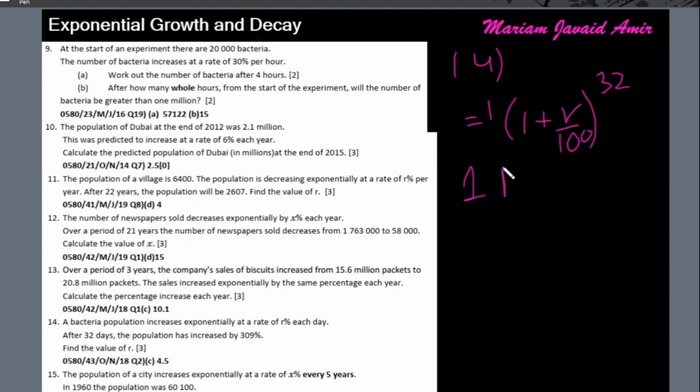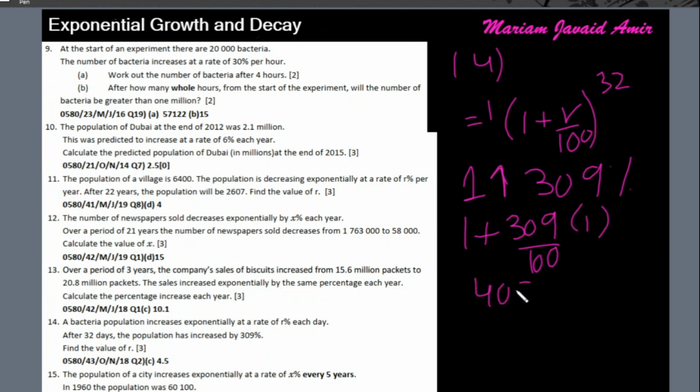Let's increase 1 by 309%, so that would be 1 plus 309% of 1, which is simply 409 over 100. So this becomes 4.09.